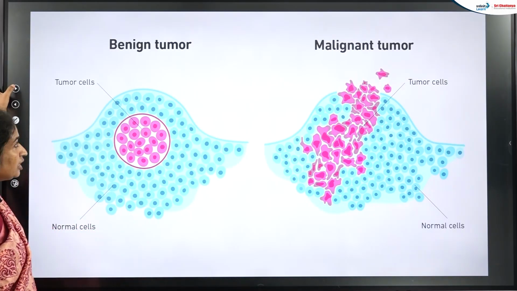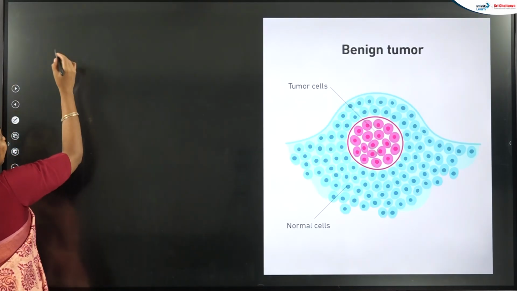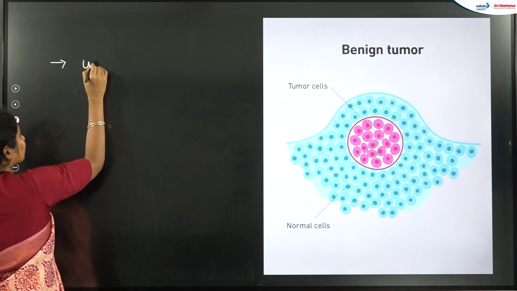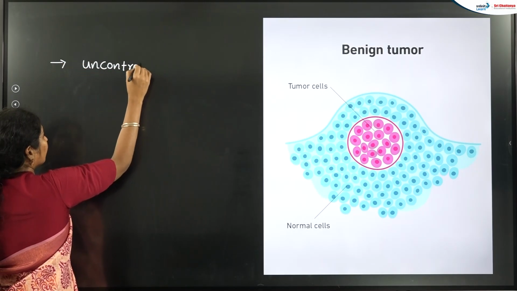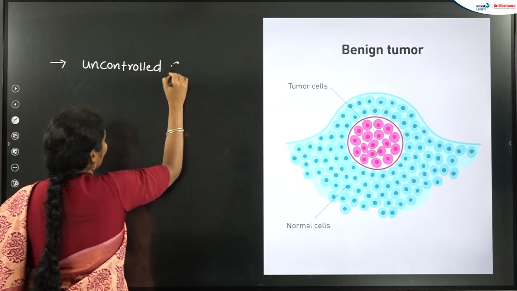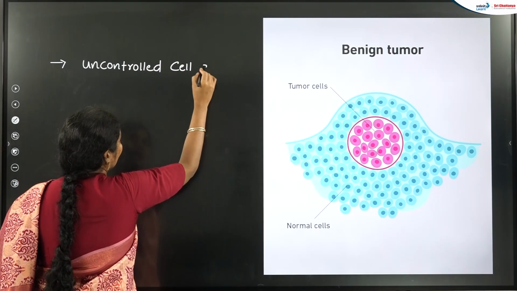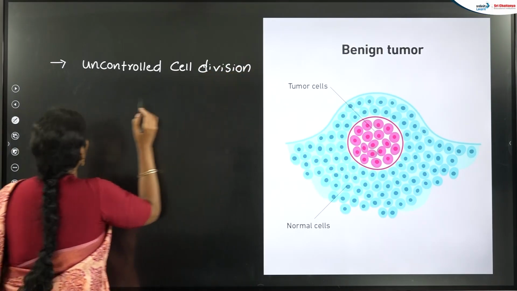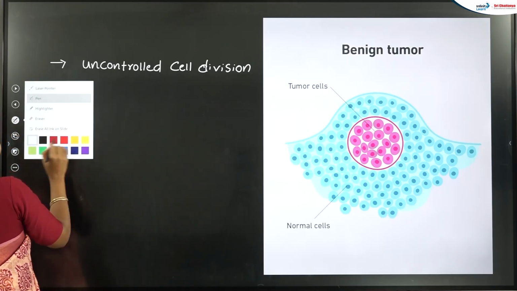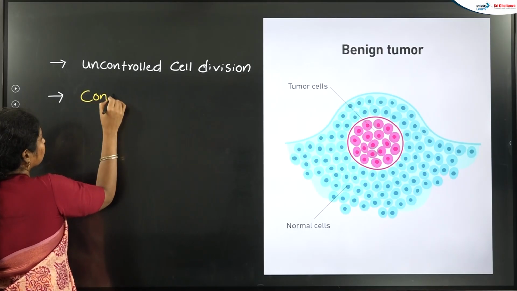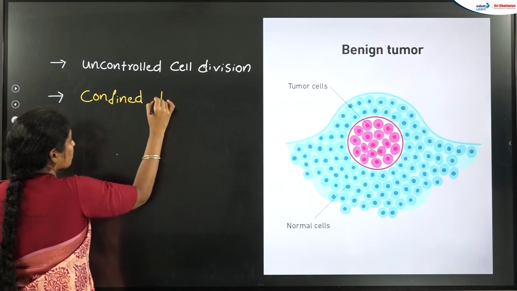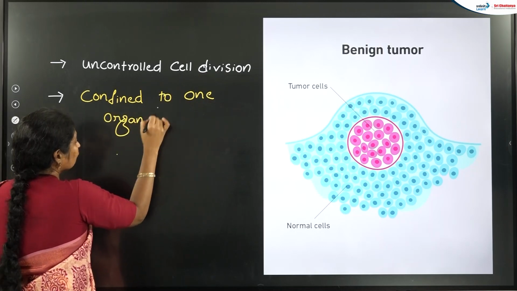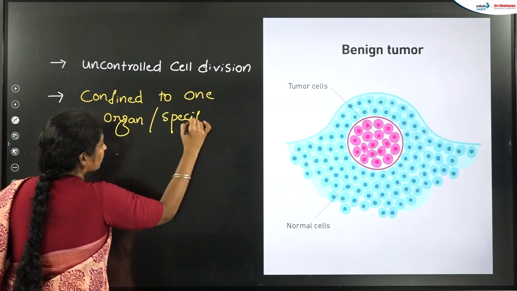What is the difference between these tumors? First, the benign tumor. A benign tumor starts uncontrolled cell division. Already they have lost the contact inhibition property and they start uncontrolled division. But these cells are confined to one organ only, or to a specific site only.